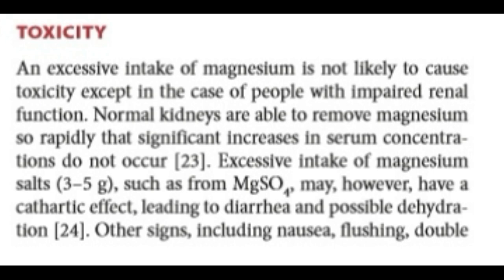Other symptoms like nausea, that is a vomiting sensation, flushing, double vision, slurred speech, and body weakness, all appear at a plasma magnesium concentration of approximately 9 to 12 milligrams per deciliter.